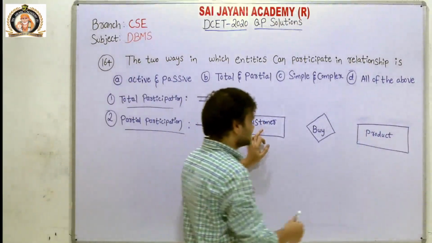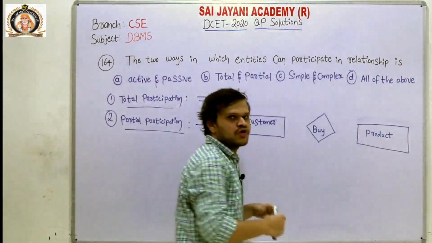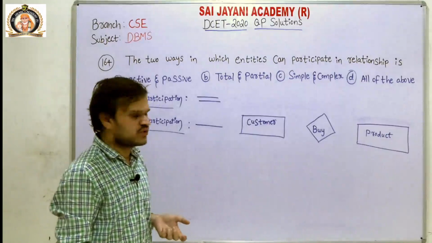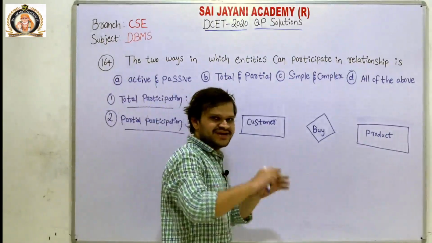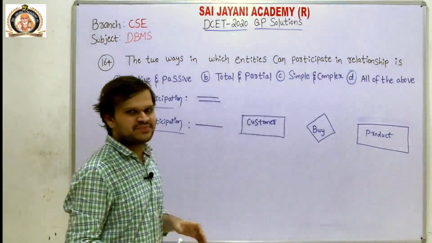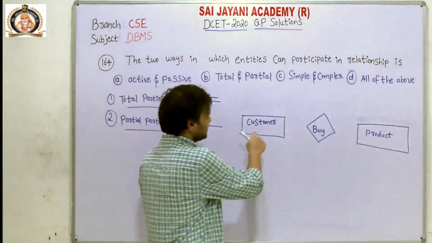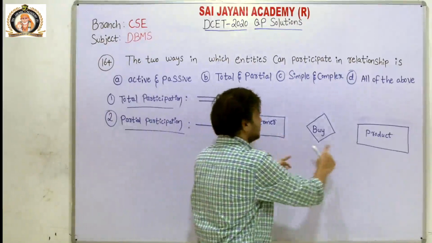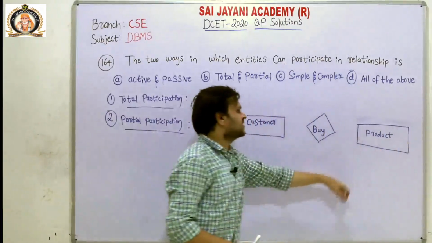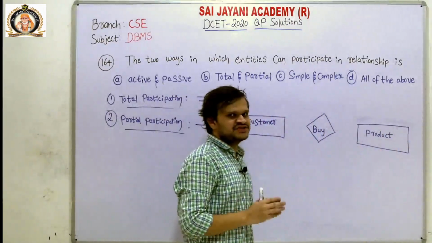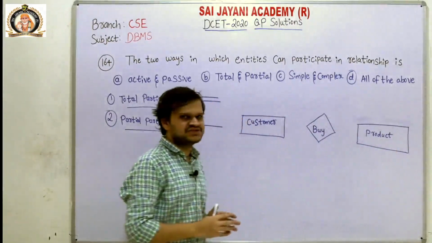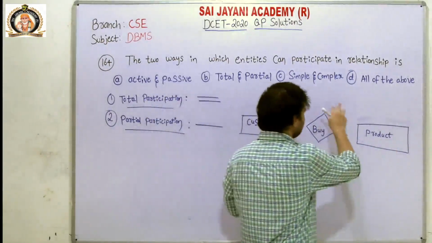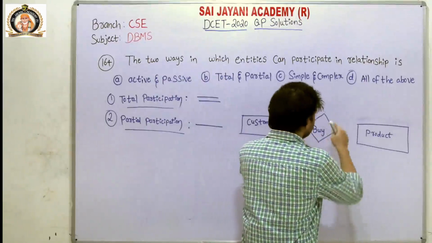Here the customer and the product are called as entities, and also the entities are represented by rectangle. So the customer and the product are represented by rectangle, and here buy is the relationship, and relationship is represented by diamond.